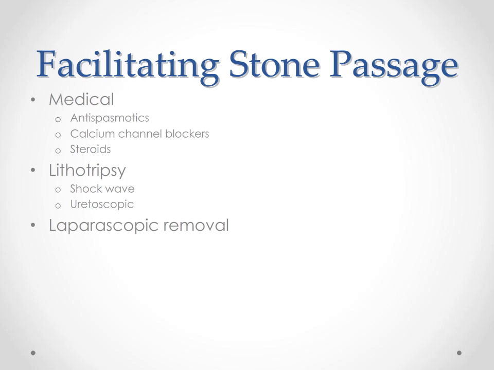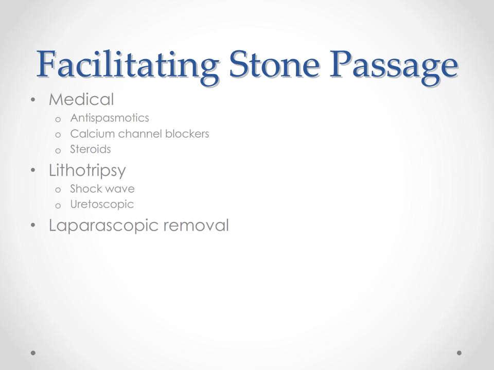Medically, you can give antispasmodics in order to allow the smooth muscle to relax in the ureters to make more room for the stone to pass through. Calcium channel blockers and steroids have a similar effect. There's different types of lithotripsy which break up the stones.